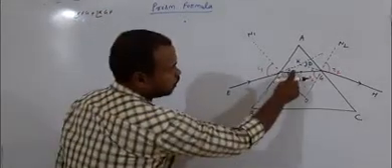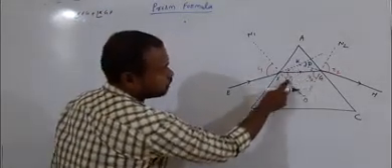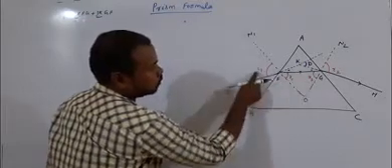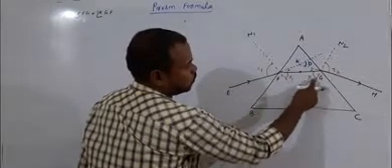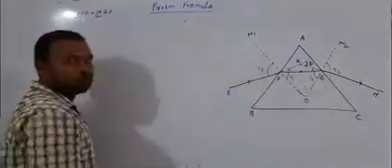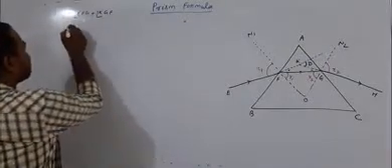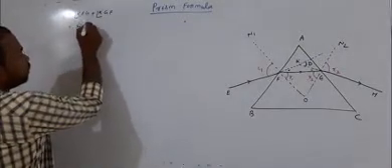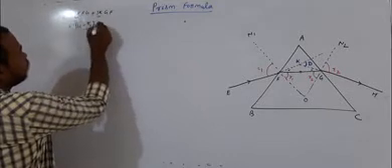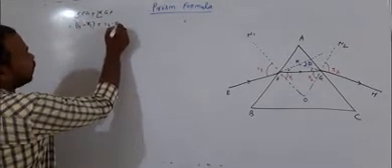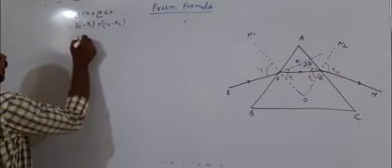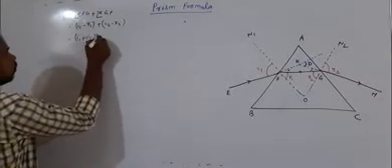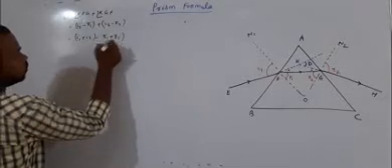But this small angle is equal to total minus R1. This total is equal to I1. So I1 minus R1. Similarly, this angle is equal to total minus R2, meaning I2 minus R2. So we can write I1 minus R1 plus I2 minus R2, or D is equal to I1 plus I2 minus (R1 plus R2).